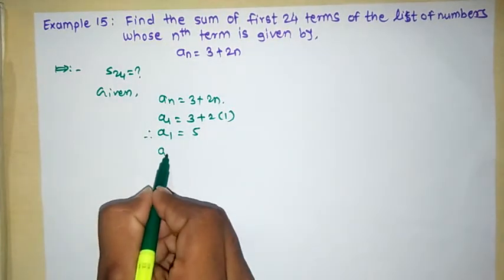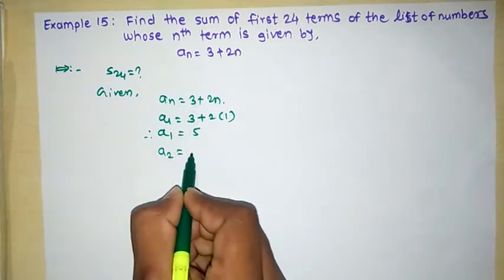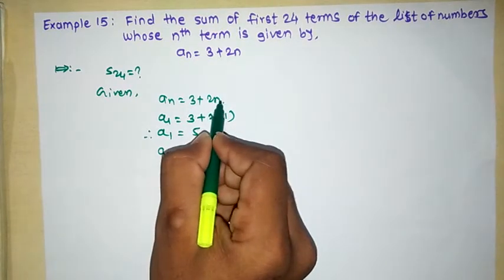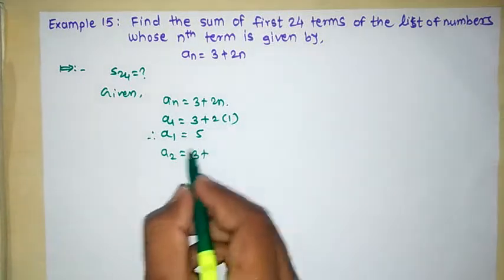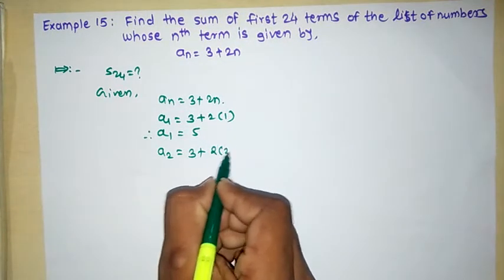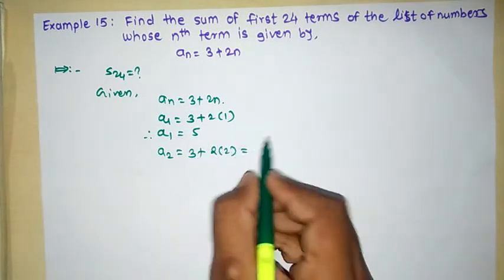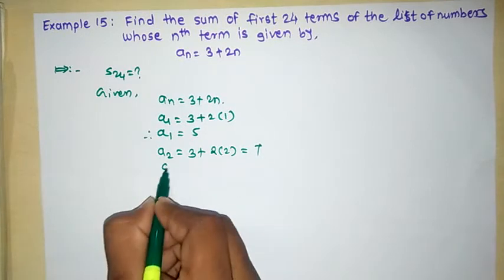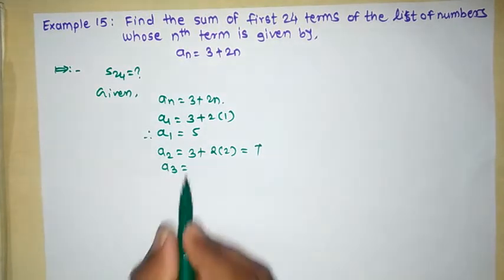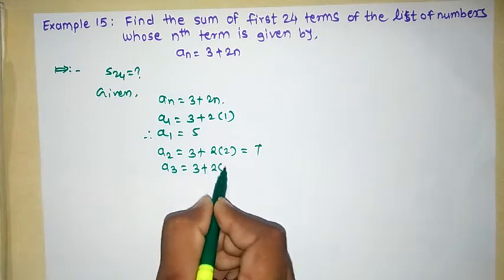Now we will find a2. a2 is equal to 3 plus 2 into n, and instead of n you have to write 2. 2 into 2, which is 3 plus 4, 7. We got a2 is equal to 7. Now we will find a3 also. a3 is equal to 3 plus 2 into 3.